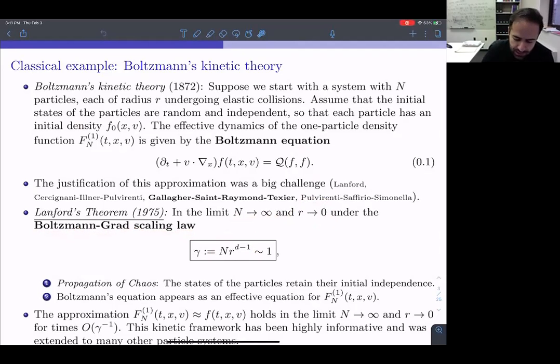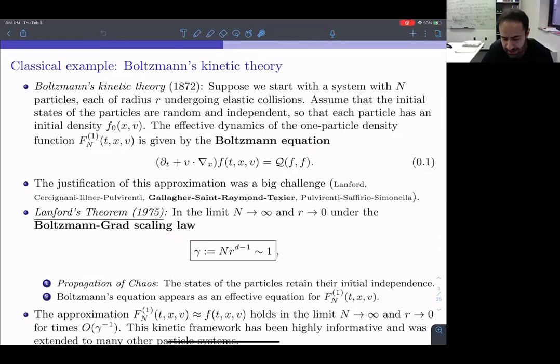But in this scaling law, if n goes to infinity and r goes to 0 according to this scaling law, then we have the following 2 points. We have propagation of chaos. The states of the particles retain their initial independence in the limit. So initially, as I said, the particles were chosen, or the position velocity density was chosen to be random and independent.